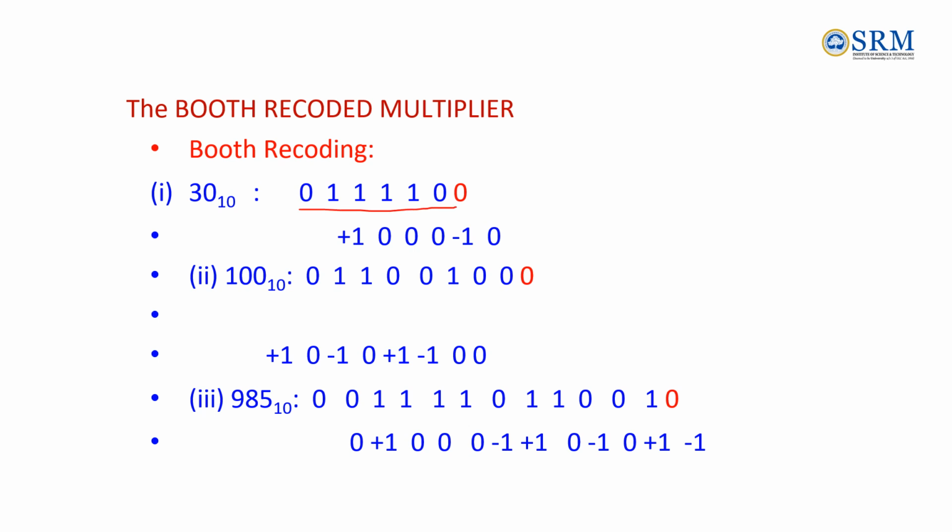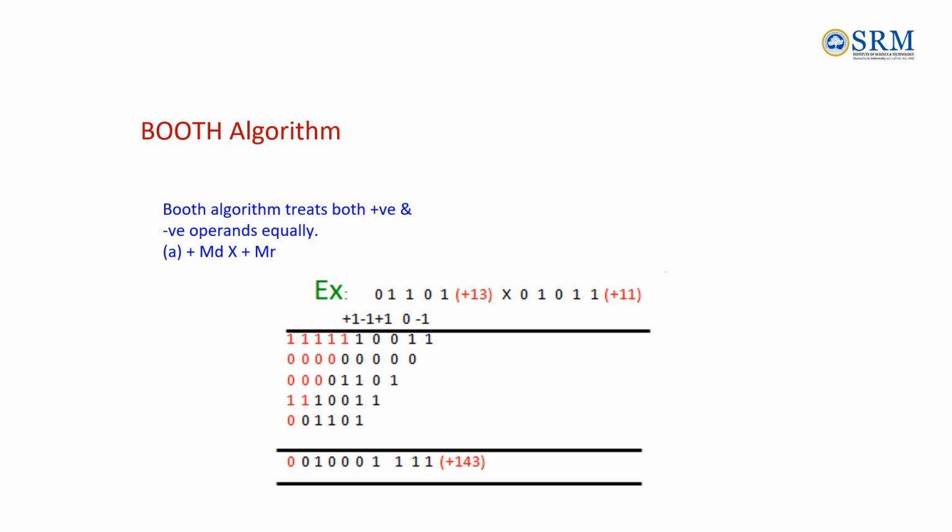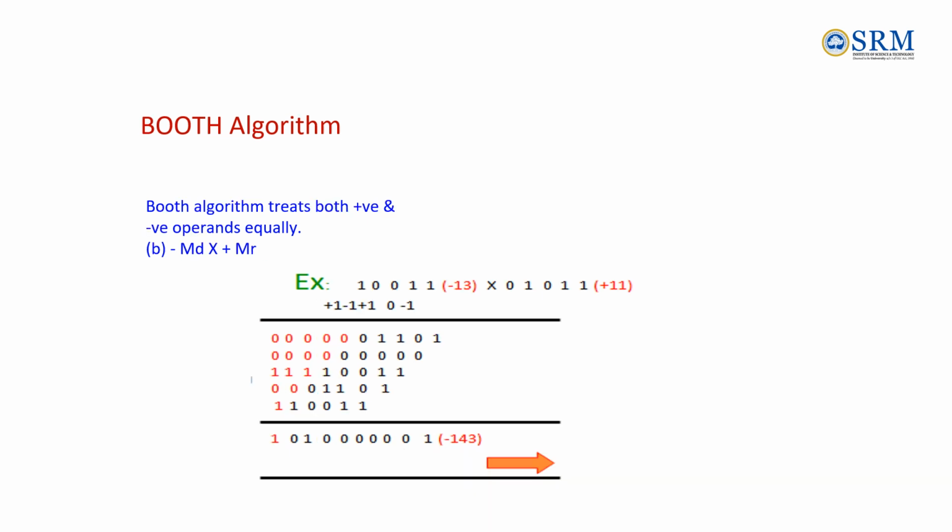Using these values, 0 and 1 is a positive transformation, so 1. 1 and 1 is 0, and 1 and 0 is a negative transformation, minus 1. Then 0 and 0 is 0. So whatever number is given, you take the multiplier and convert it into Booth's recoded multiplier, then you do the multiplication.